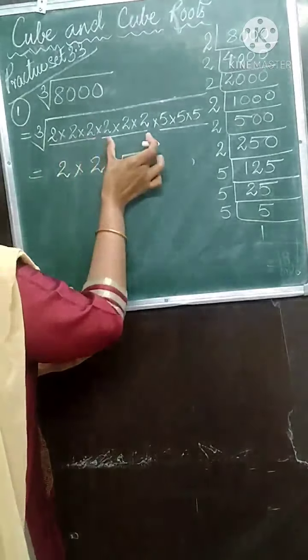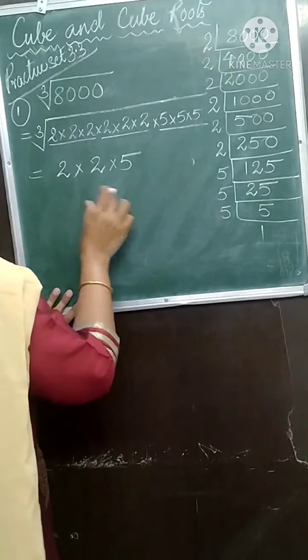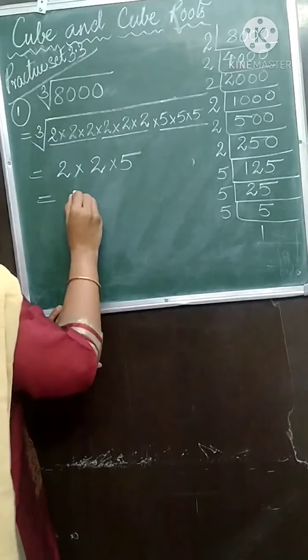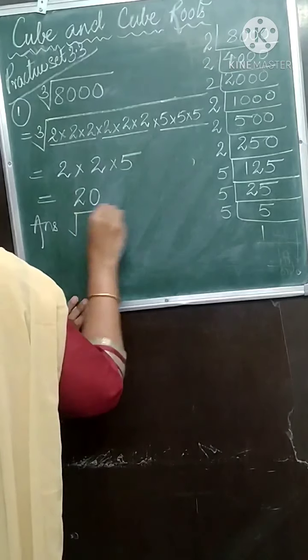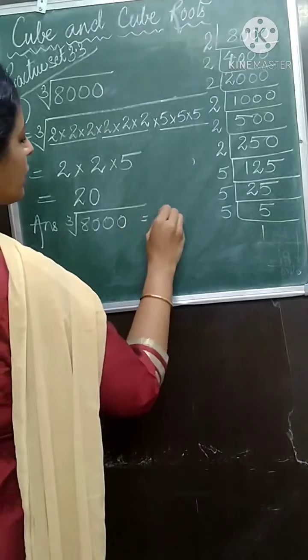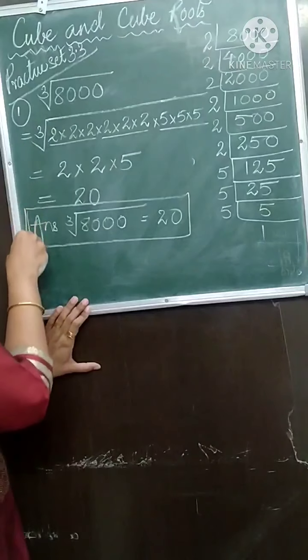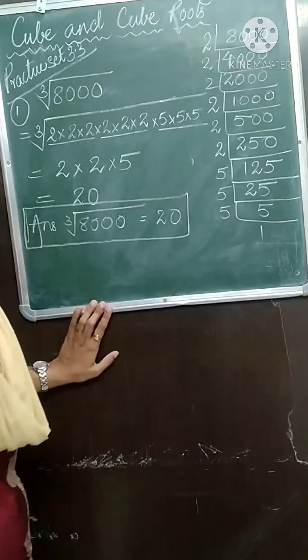Here you will make groups of 3 numbers. Then from one group, 1 digit will come out. Now what answer are you getting? 2 twos are 4, 4 fives are 20. So we got the answer: cube root of 8000 is equal to 20. Highlight the answer. How will you read this? Cube root of 8000 is 20.